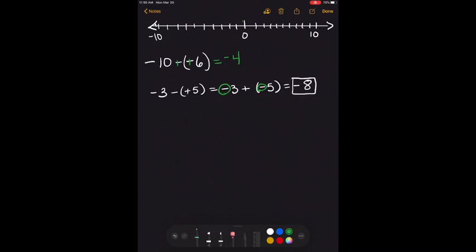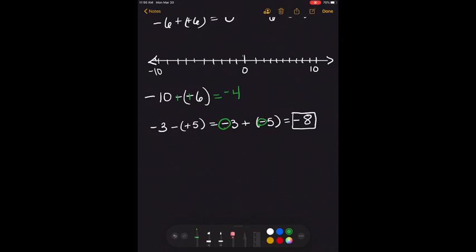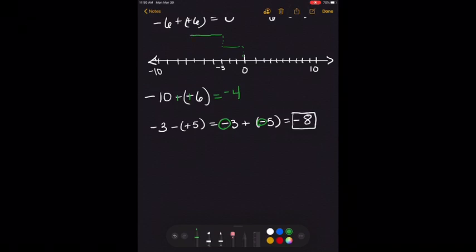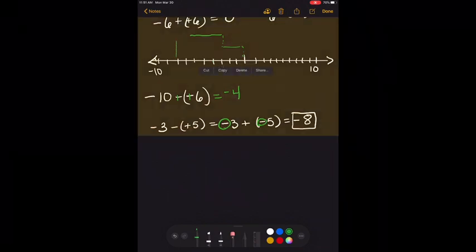Okay, now let's show it on the number line. So we start at 0 and we go in the negative direction 3. Okay, that's negative 3. And now we're going to go negative 5 more. Which leads us 1, 2, 3, 4, 5.